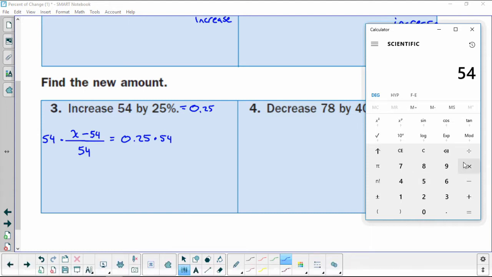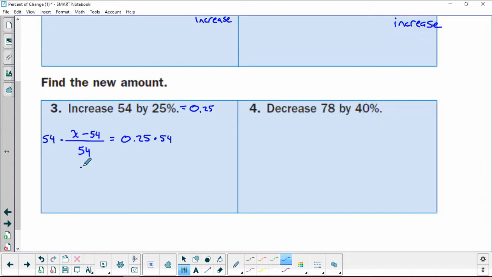Let's see, 54 times 0.25 is 13.5. Then I'll add 54. And that's 67.5.